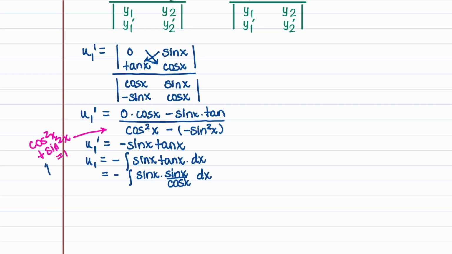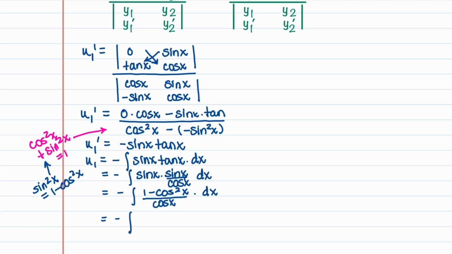Now we're going to go back up to our trig identity and we're going to solve for sine squared x. So sine squared x is equal to 1 minus cosine squared x. It's nice that we already had that. This becomes minus the integral sine squared, which is now 1 minus cosine squared x, all over cosine x dx.